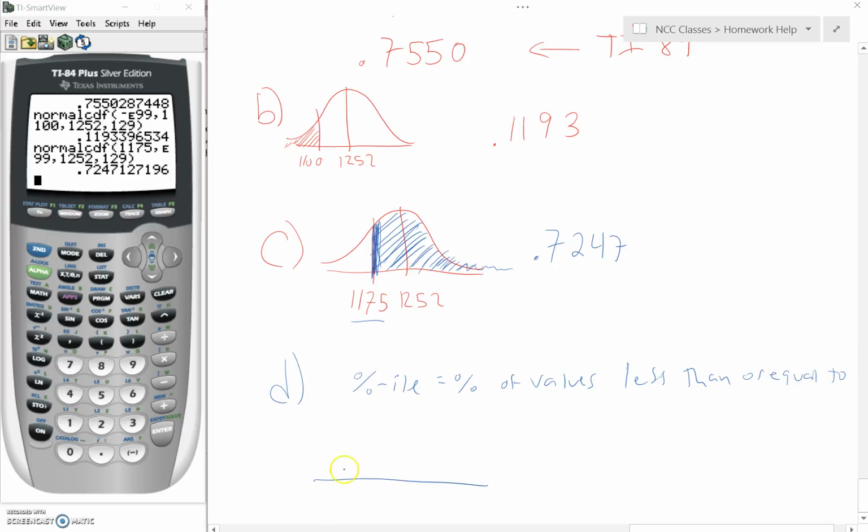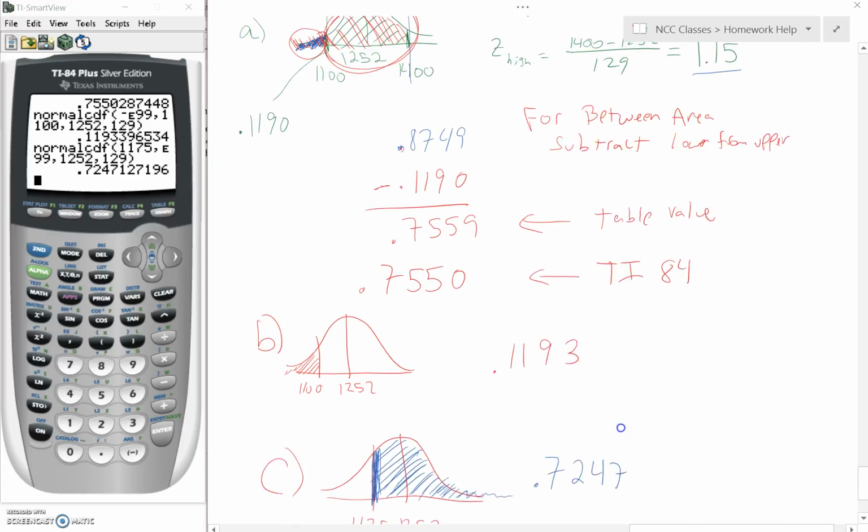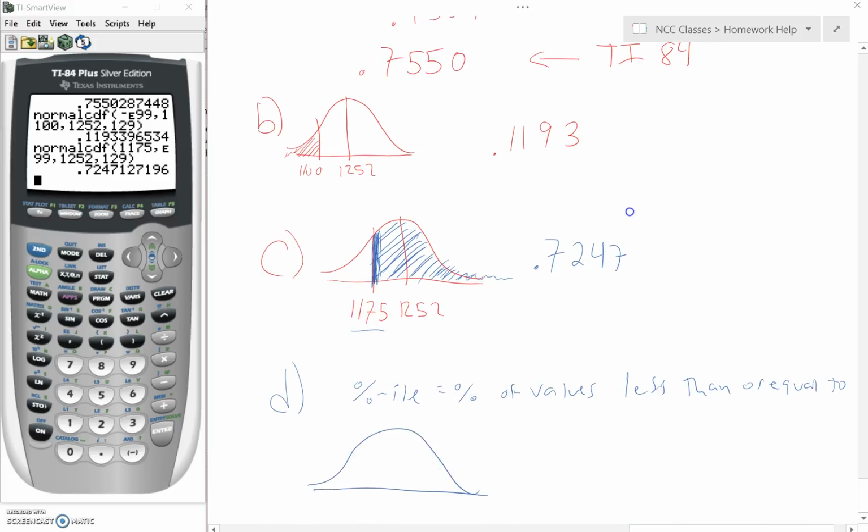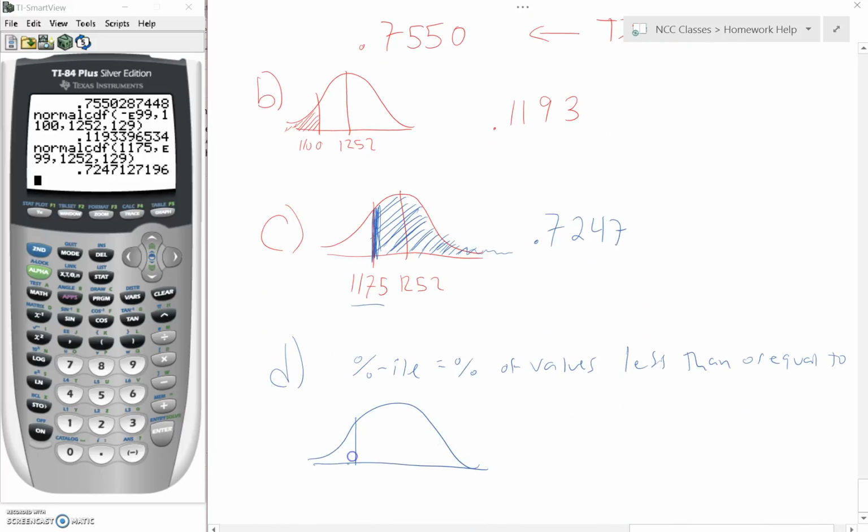So if we're looking for a percentile rank of 1,025, we're looking for the percentage of values that are less than 1,025, with a mean of 1,252 for all of these. Since we're asking for the percentile rank, we're just looking for the area to the left. So this is just going to be another less than question.